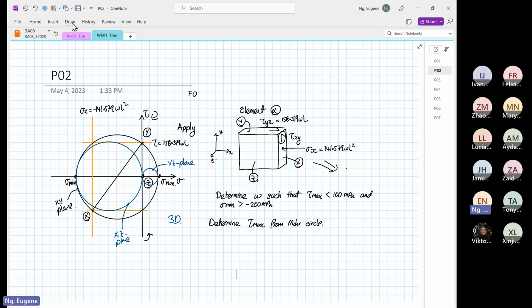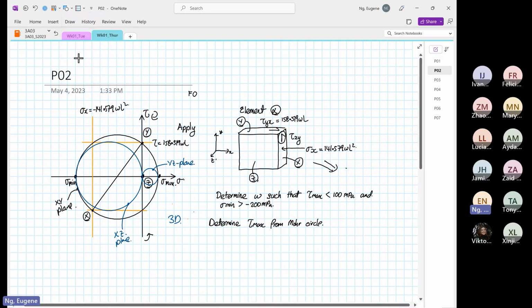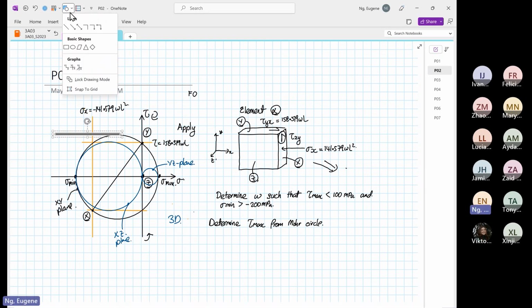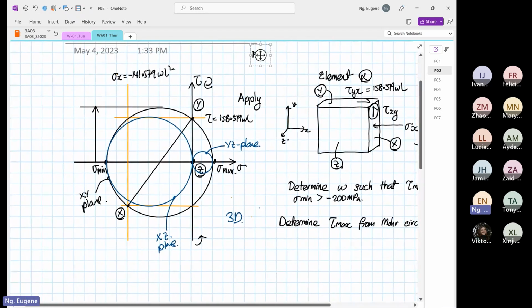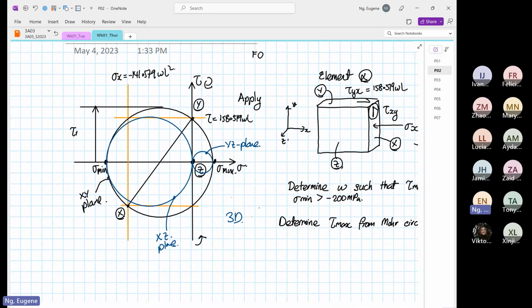So where's tau max? I'm going to sketch tau max now over here. Okay, so this is where our tau max is, what I'm drawing now on the Mohr circle. We have to determine this value.